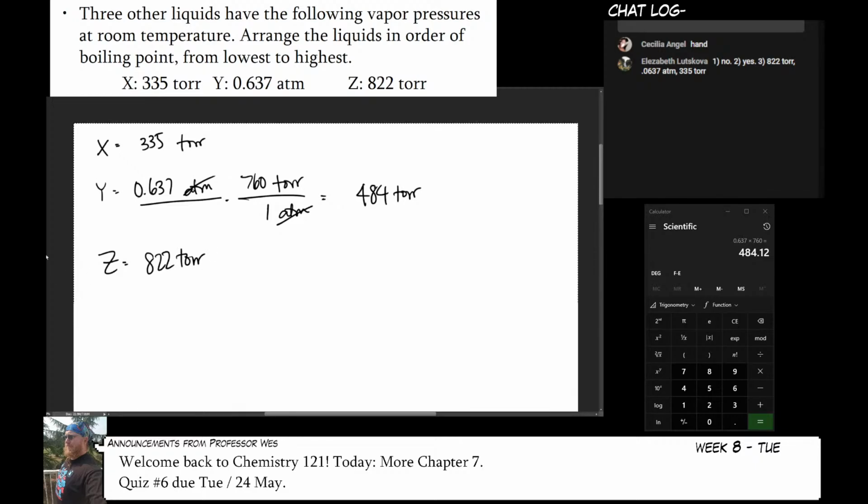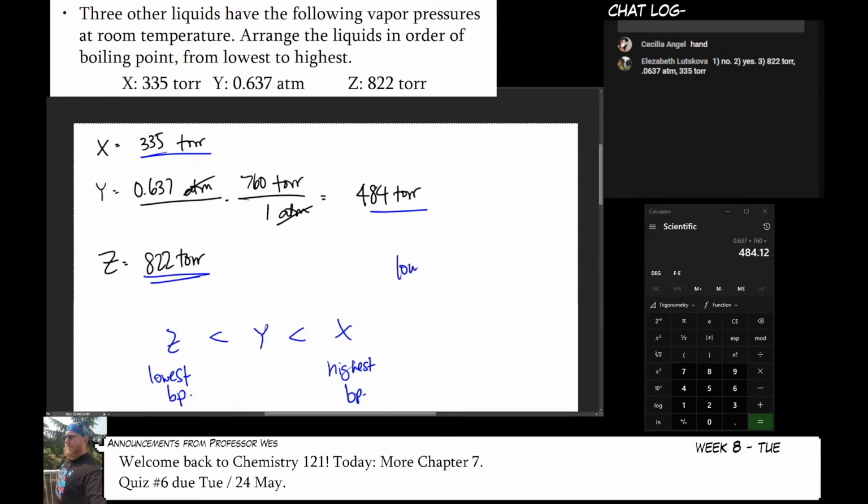So we would arrange these from highest vapor pressure to lowest, and that would be the lowest temperature at which they boil. This one would boil not only at this temperature, but at a lower temperature. So Z must have the lowest boiling point. And then this is the next highest, so that would be Y. And then this is the lowest vapor pressure, which means it has the highest boiling point.